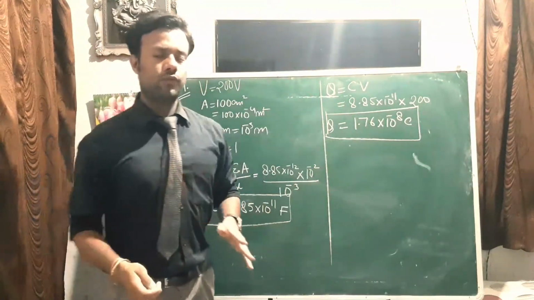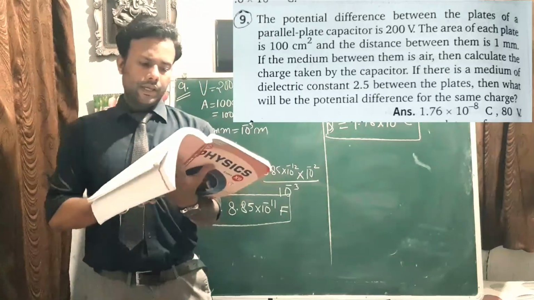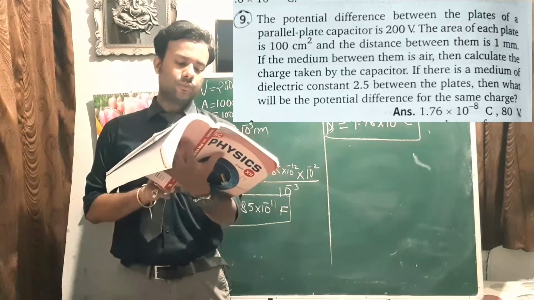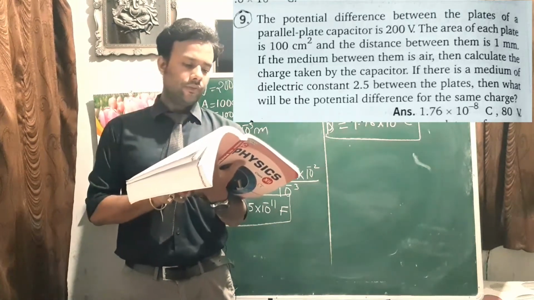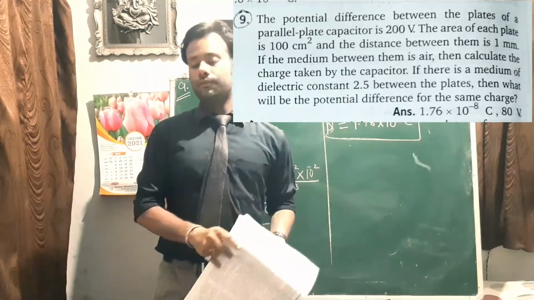Now what is the next portion of this question? Let's see. It says, if the medium of dielectric constant 2.5 is between the plates, then what will be the potential difference for the same charge?